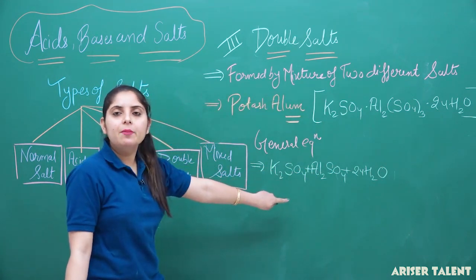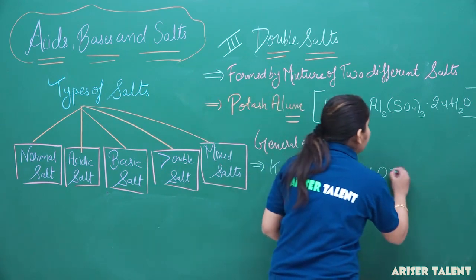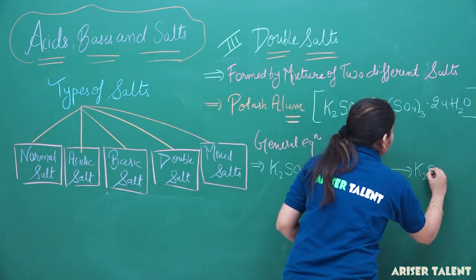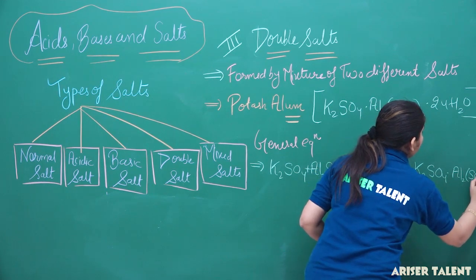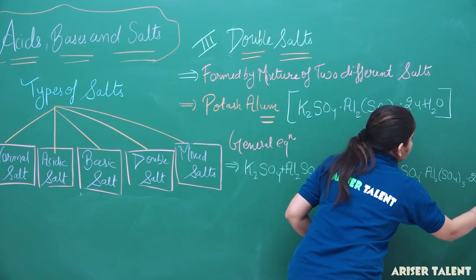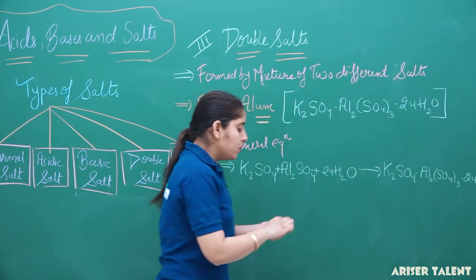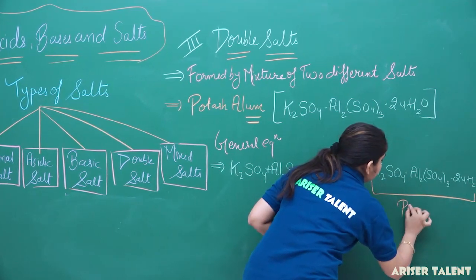These two salts, potassium sulfate and aluminium sulfate, will get mixed, and we are getting the product that is equal to K2SO4 dot Al2SO4 whole thrice dot 24H2O, and this will be our potash alum.